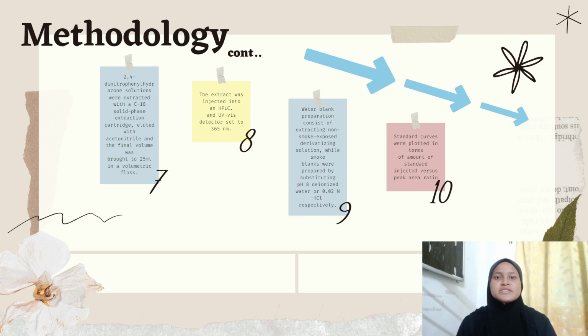Water blank preparation consists of extracting non-smoke exposed derivatizing solution, while smoke blanks were prepared by substituting pH 8 deionized water or 0.02 N HCl respectively. And at the end, a standard curve was plotted in terms of amount of standard injected versus peak area ratio.